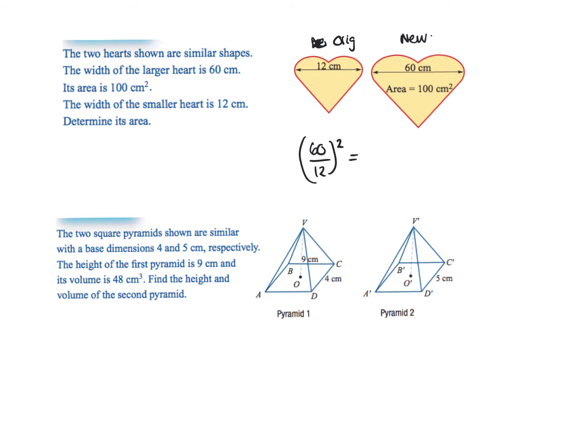And I've got the 60 on the top, so its area will be on the top here, the new, over, I don't know what the area of the little one is, so I'll call that X. Once you do that, you can type in solve and comma X. Once again, you can just double check that these numbers are coming from the same shape.